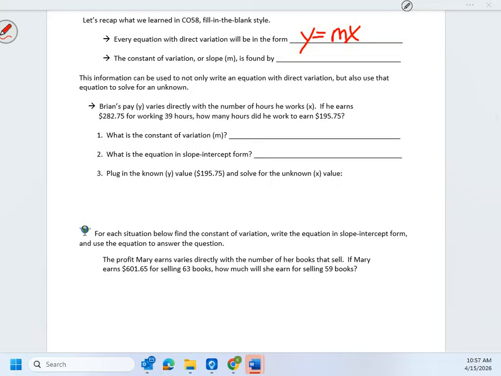Yeah, we don't have the plus b on it. It's always going to be y equals mx. Now, the constant of variation, or the slope, is found by doing what, Joe? Y over x. Yeah. Y over x, or we could say y divided by x.